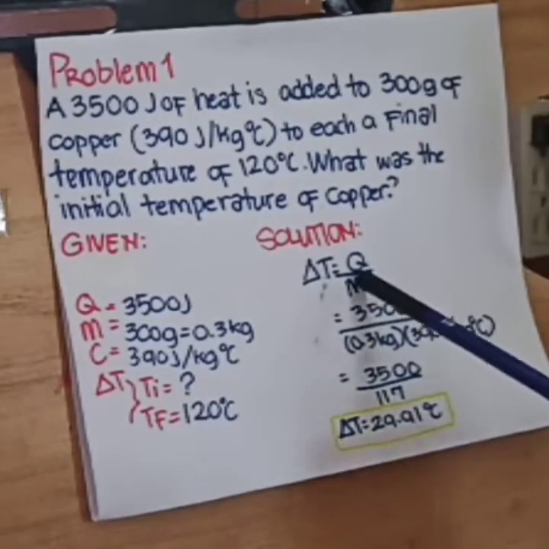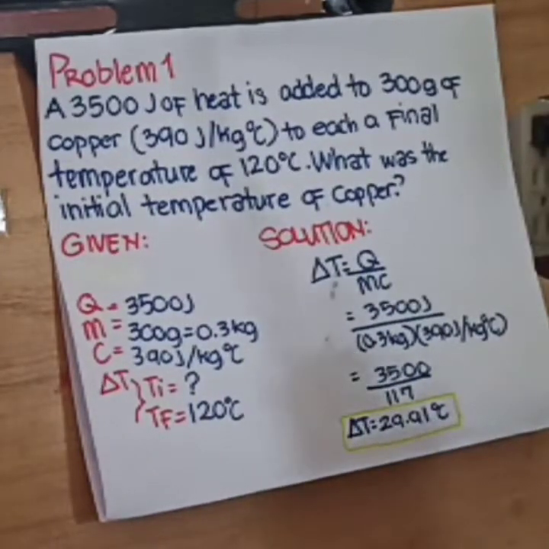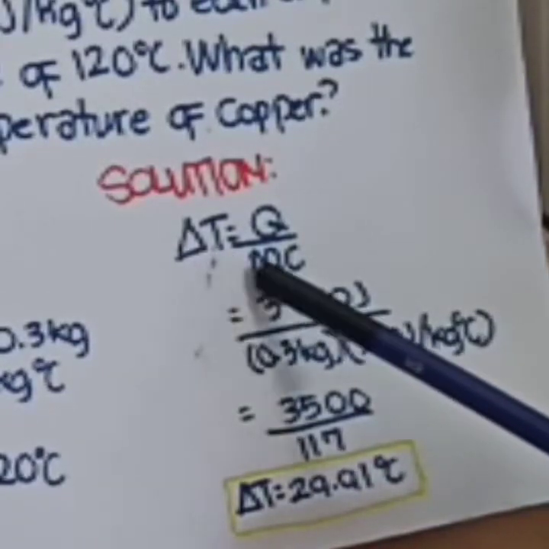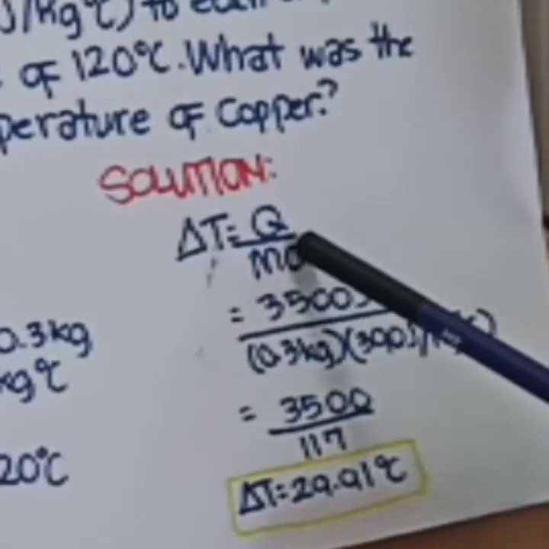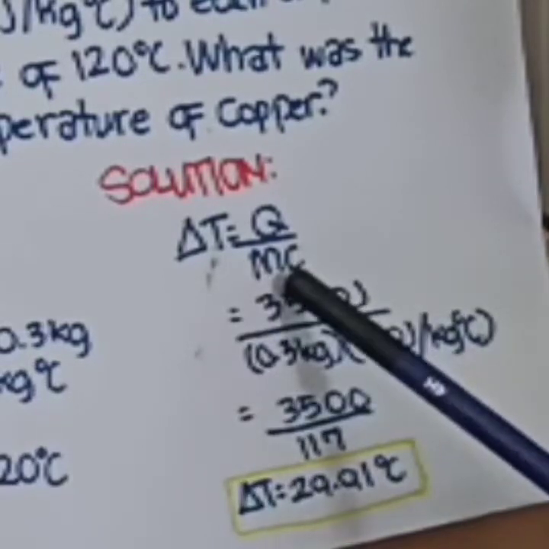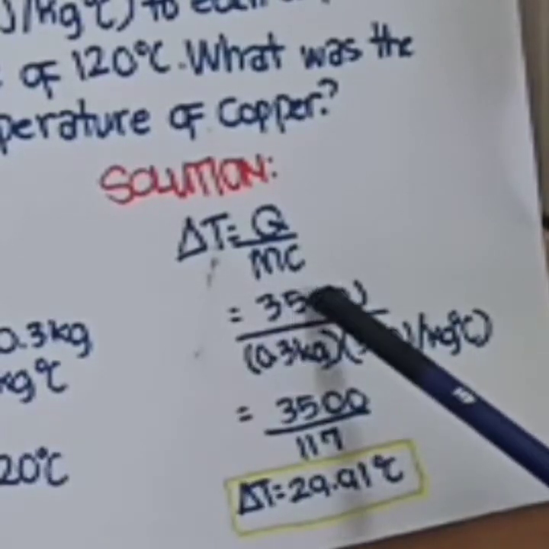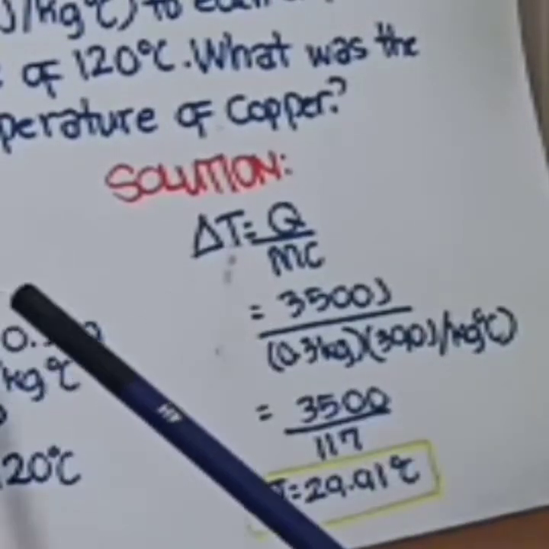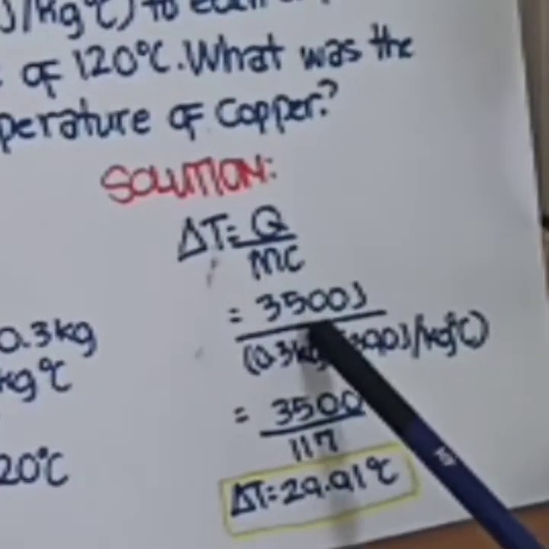So we have here the solution. The change in temperature is equal to heat evolved over mass and specific heat. Now we have seen the given, so we can just put it here.